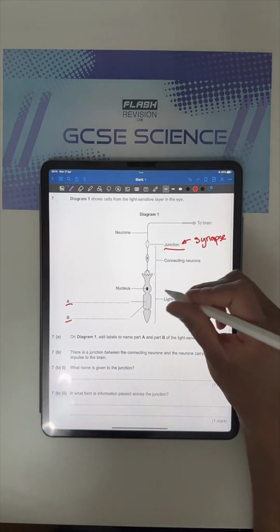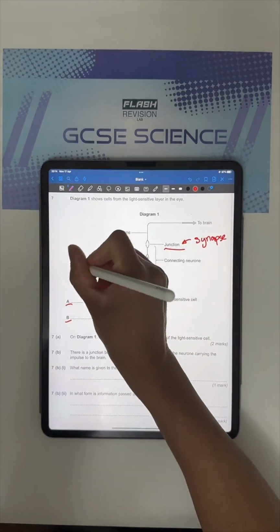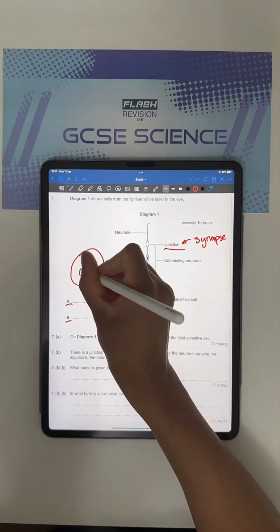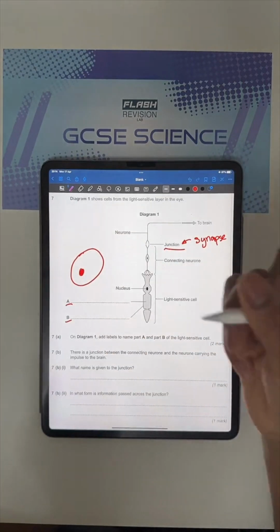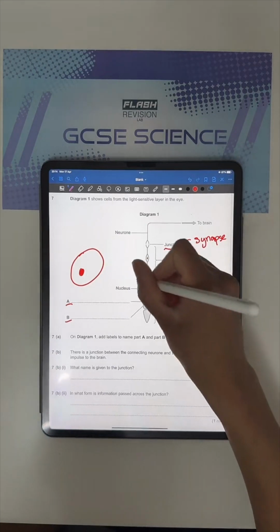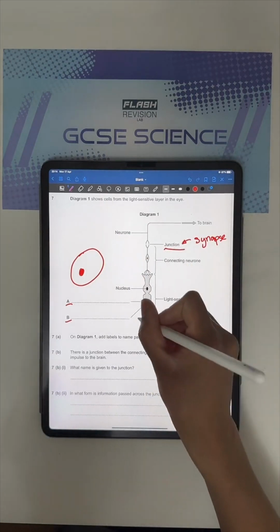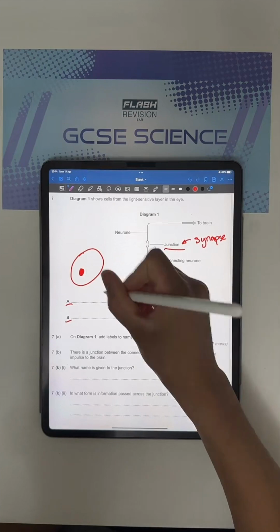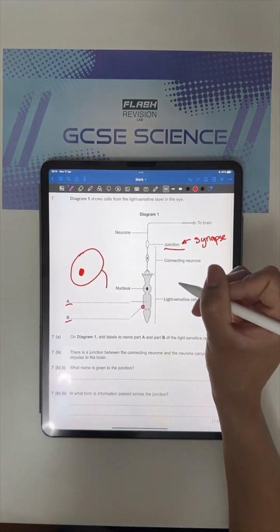So this is just a normal cell. Think about a normal animal cell. You have the nucleus. This is just a specialized animal cell. So it doesn't look like what you learned in the cell topic, but you can think of it as the same. So this is just the edge of a cell. So it would be the outside of an animal cell.